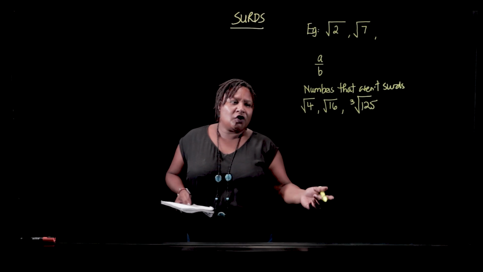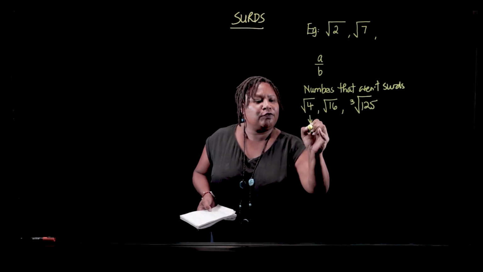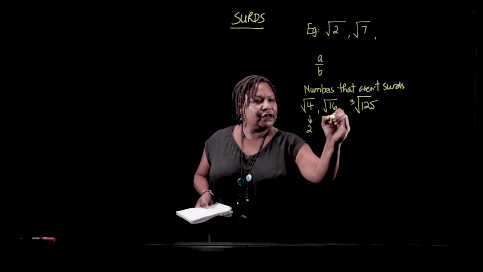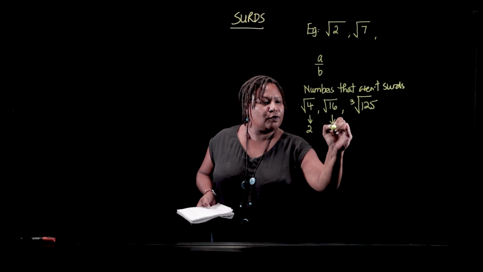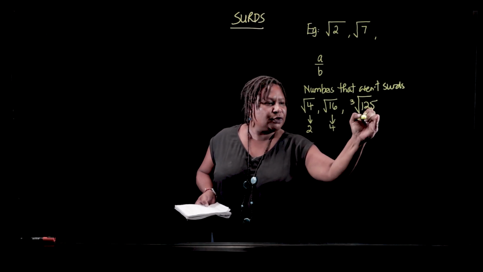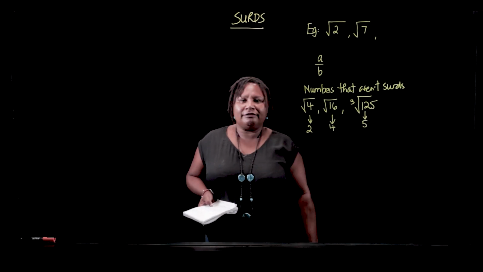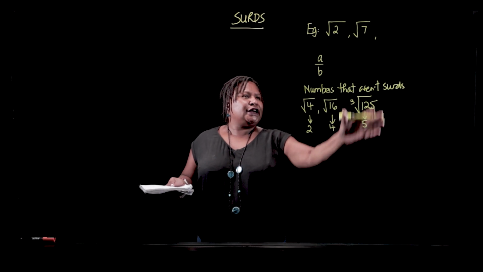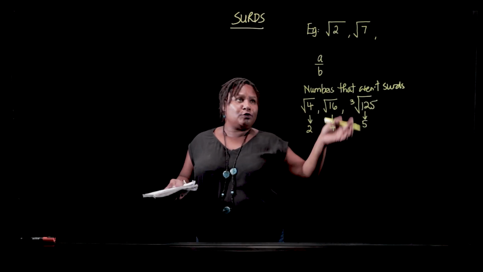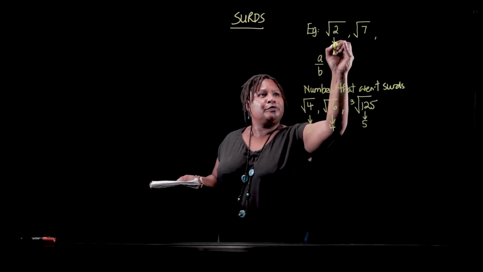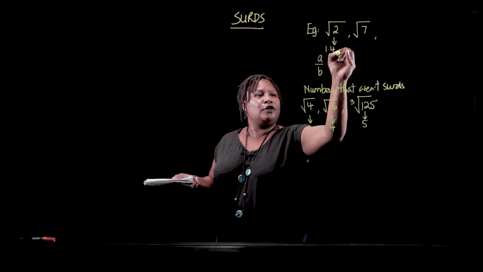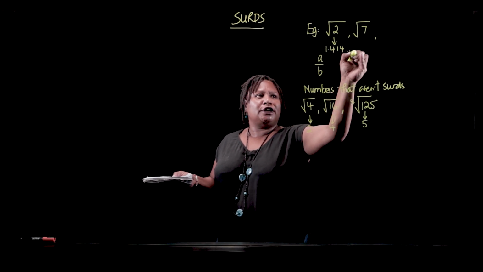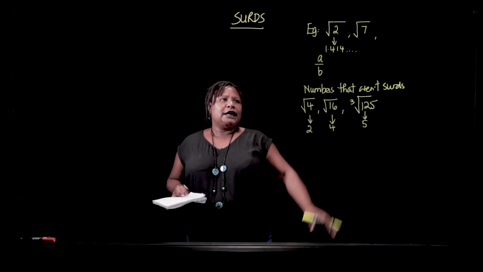Why? Because the root of 4 is 2, okay? The root of 16 is 4, and the cube root of 125 is 5, okay? Whereas these numbers, like the root of 2 is 1.414, and on and on and on, okay?